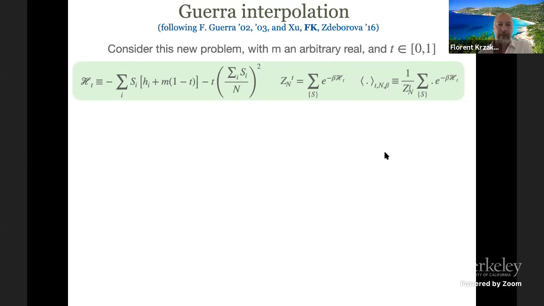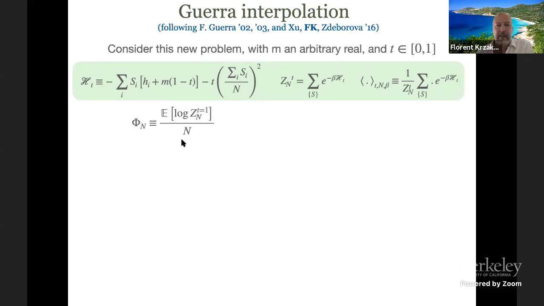So here is how it works. We consider this new problem here, which is not exactly the random field problem because there is a small t here. Okay, so it's a kind of fake time index between 0 and 1. And you have a 1 minus t there. Okay, so now of course I'm introducing the partition sum and the Boltzmann average for this new problem.